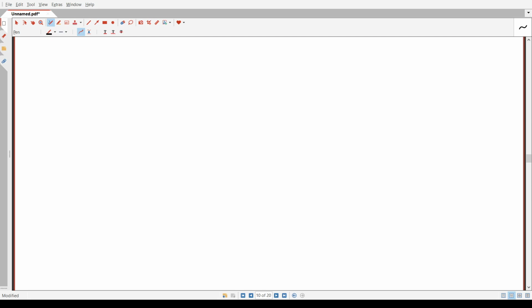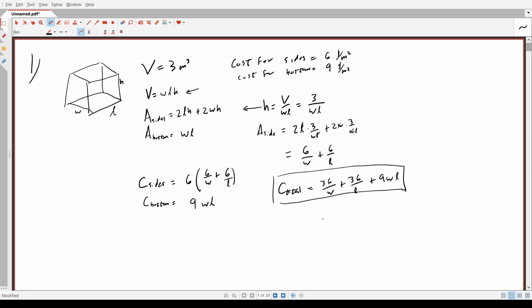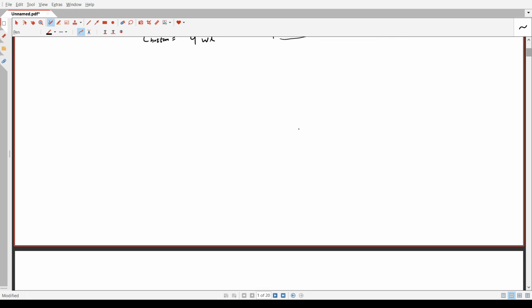Oops, I have more than one page now. Okay, next question. It says consider the level surfaces of f of x, y, z, which is x squared plus 2x plus y squared plus 6y plus 20 minus z squared.